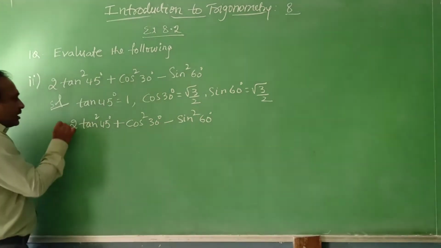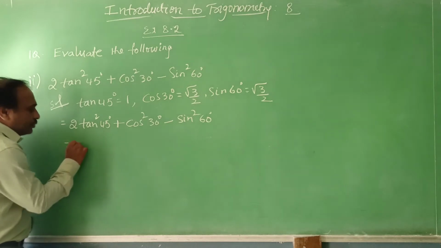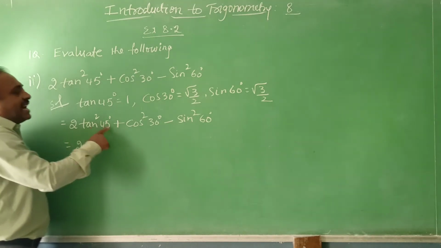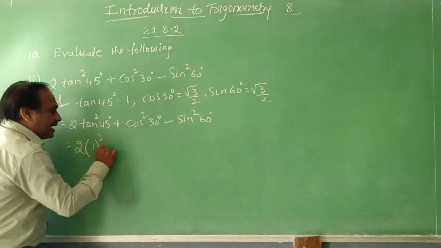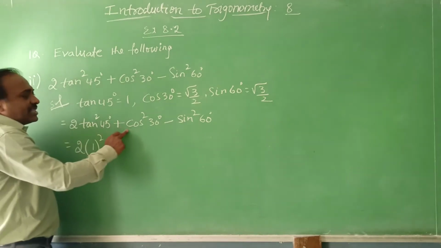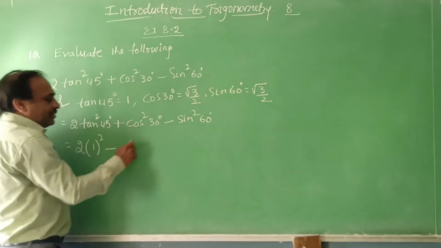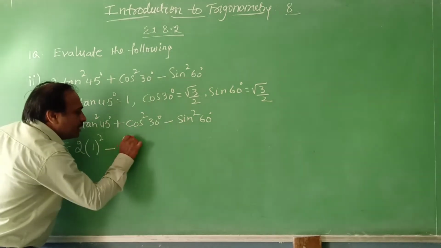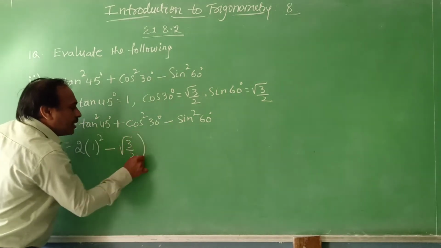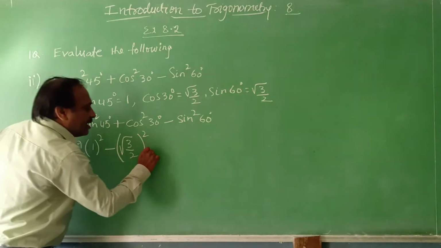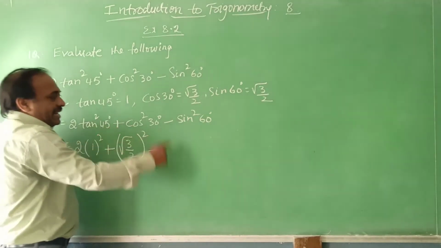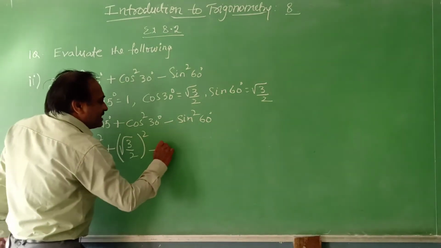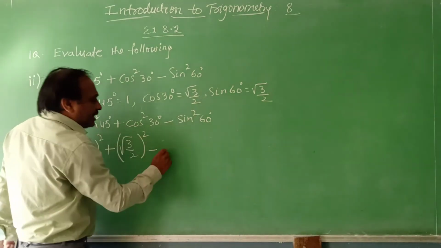So you substitute 2 into the tan 45 value, which is nothing but 1, so 1 square, plus cos 30 value, which is root 3 by 2, whole square, minus sin 60, which is root 3 by 2.